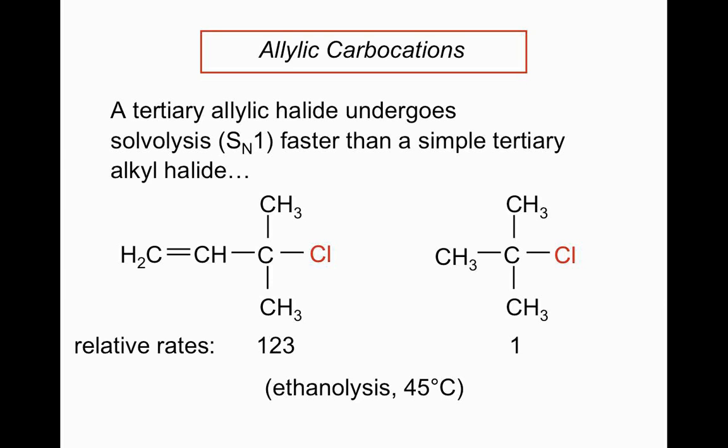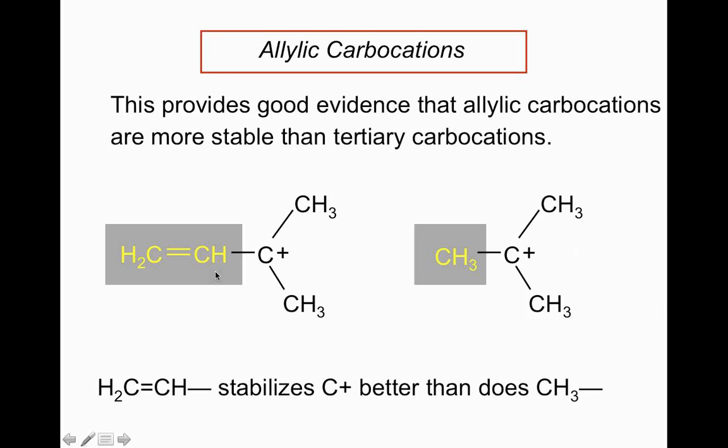This should be surprising to you because to this point we have always said that tertiary carbons undergo solvolysis reactions faster than any other types of carbons. What we can see here from the empirical data is that there's some carbons that are faster with regard to their SN1 reactions. Those carbons include allylic carbons. Why is this the case?